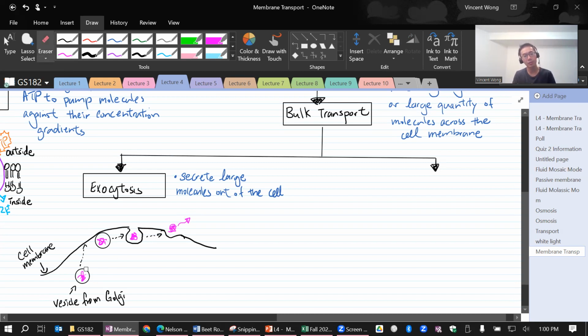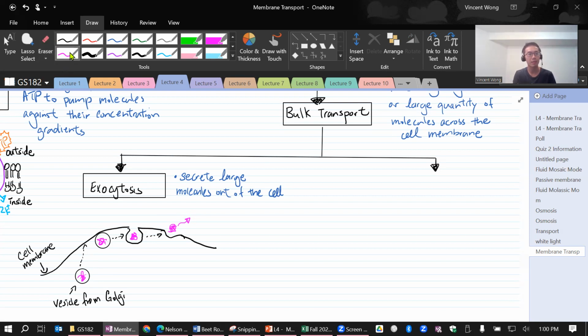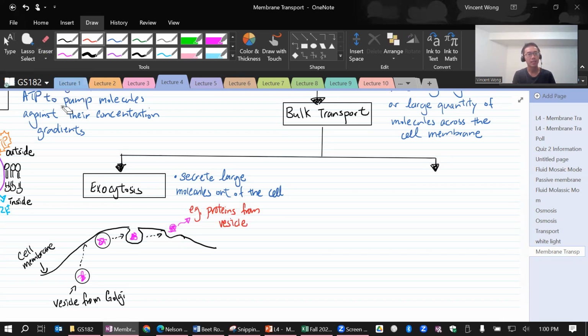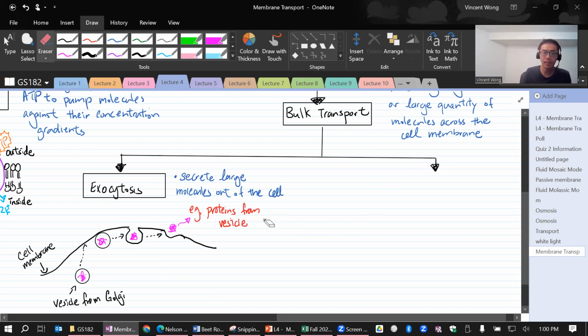So the vesicle basically moves to the cell membrane, it'll fuse with it, and then the content comes out, right? So an example of this would be proteins from vesicle. They get excreted. That's exocytosis, getting things out.